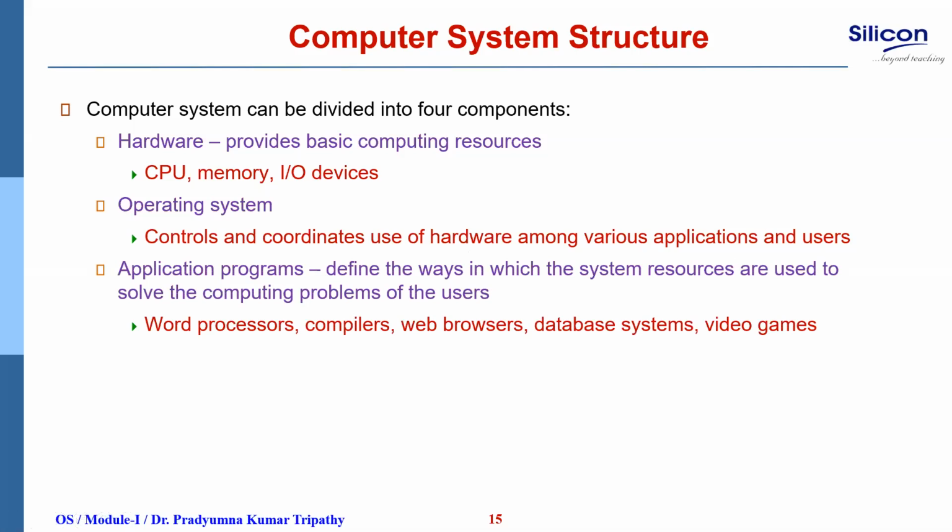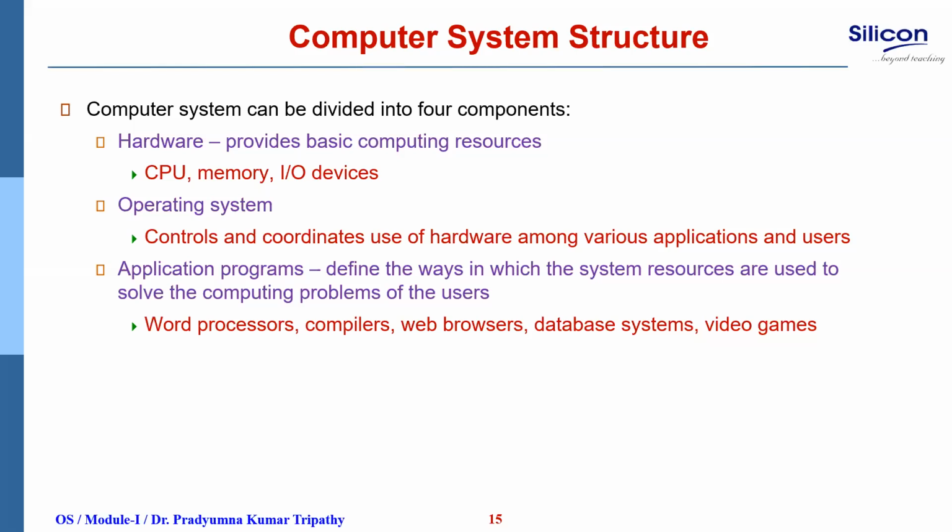And what is the third component? The third component is the application programs. They define the ways in which the system resources are used to solve the computing problems of the user.